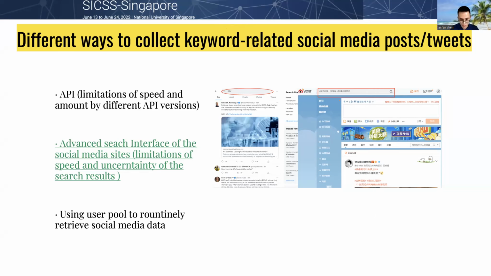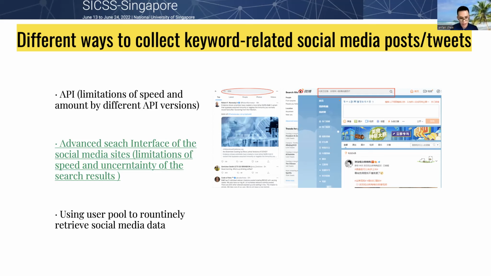It means you construct a user pool with a large-scale and representative user sample. For instance, 200 million users, active and representative of the Weibo user database.